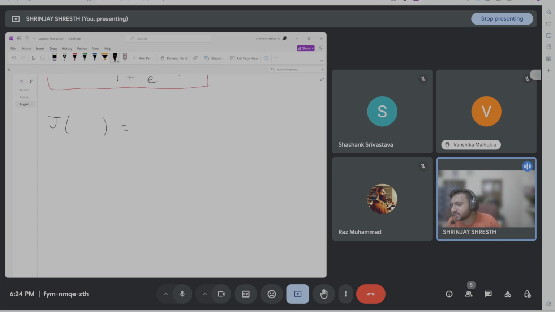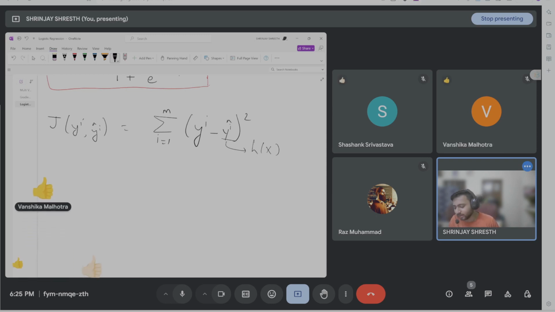If I take it for some parameters, it was the sum for i equals 1 to m of (yi minus y hat) squared. This was your error function if I take it for yi and yi hat. So yi hat is what? Your hypothesis function, correct? So this was for your linear regression.